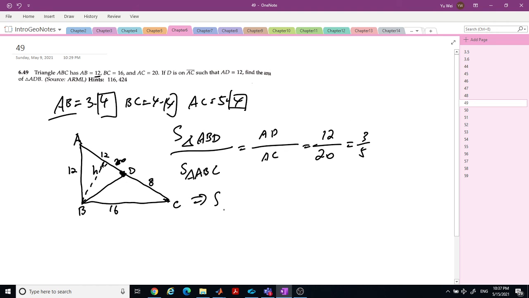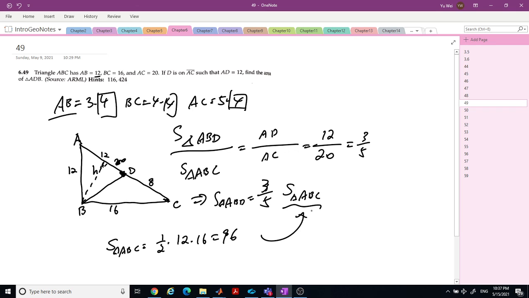So the area of ABD is 3 fifths of the area of triangle ABC. The area of triangle ABC is easy to calculate: half of 12 times 16. So you apply this back.